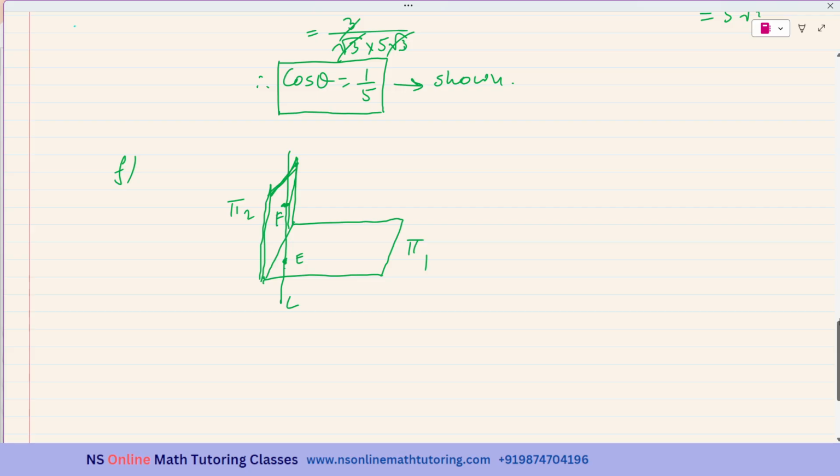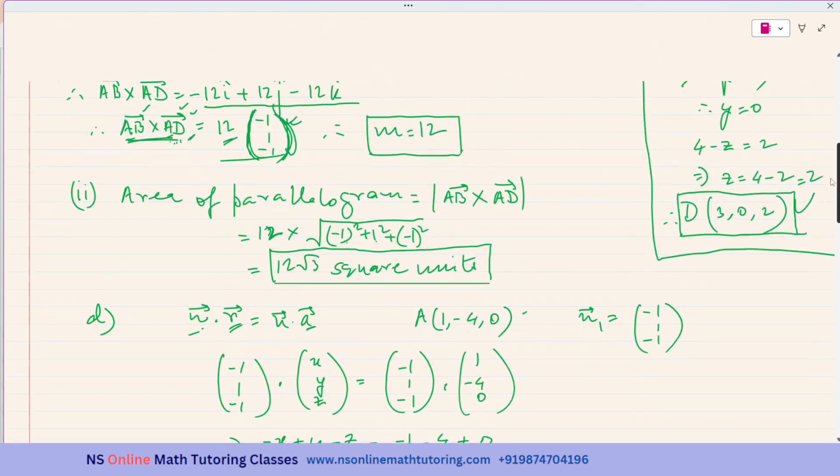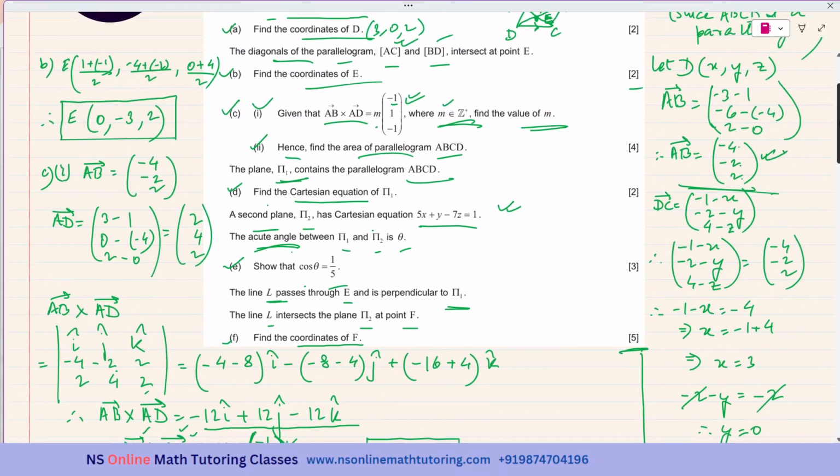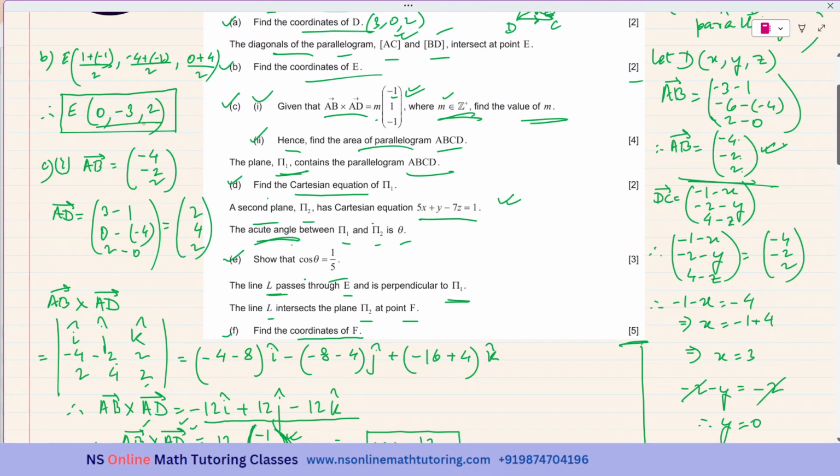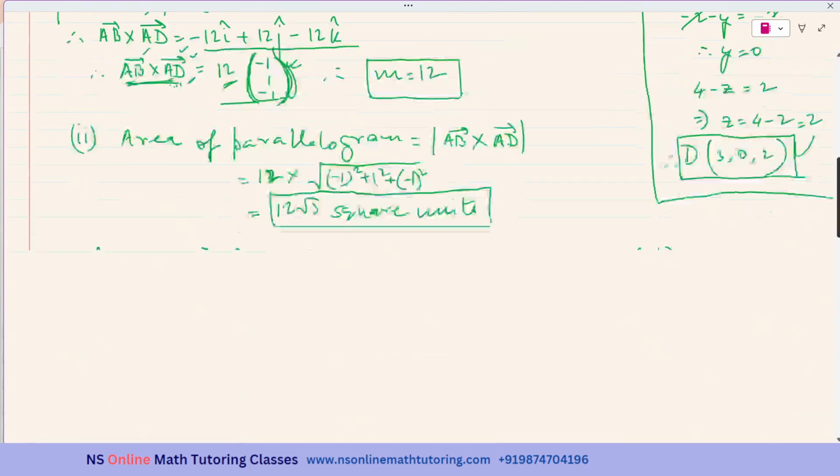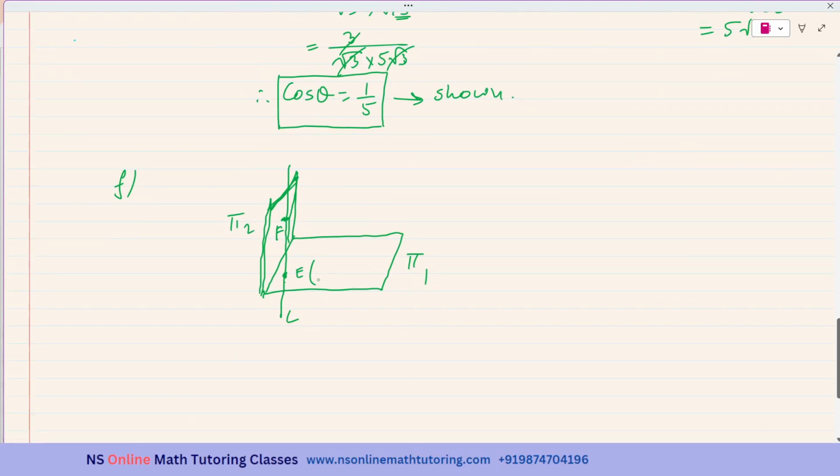And now what are the coordinates of this point E? We found the coordinates of point E to be 0, -3 and 2.